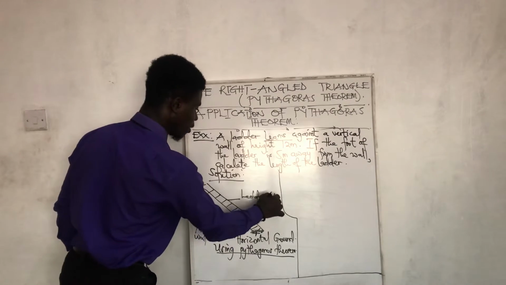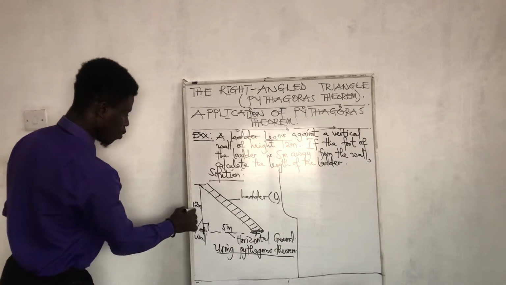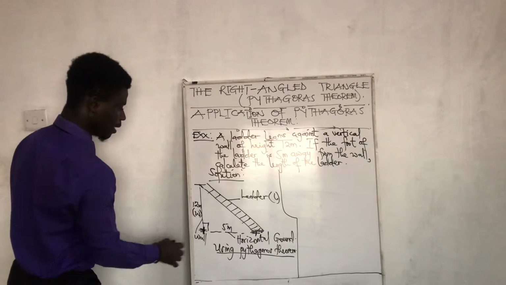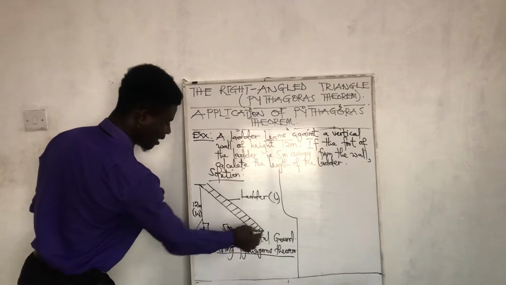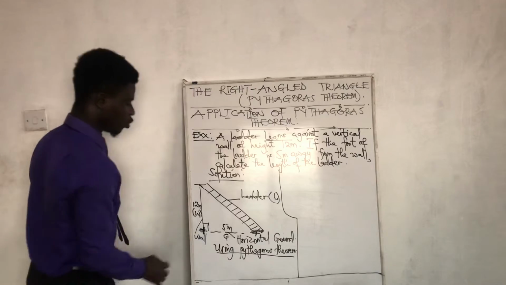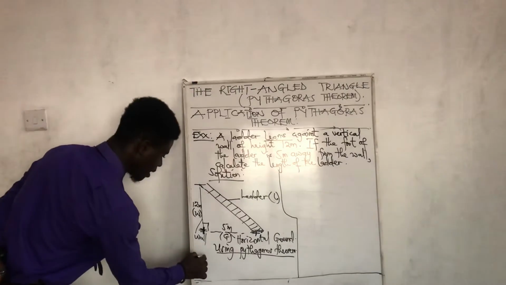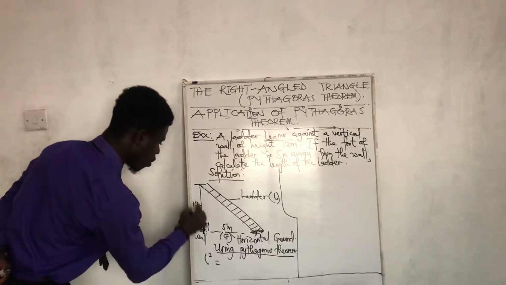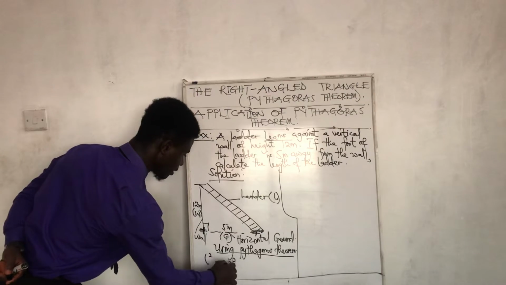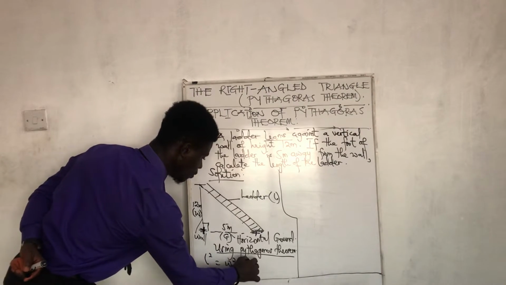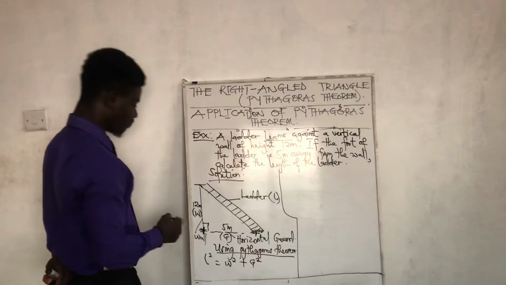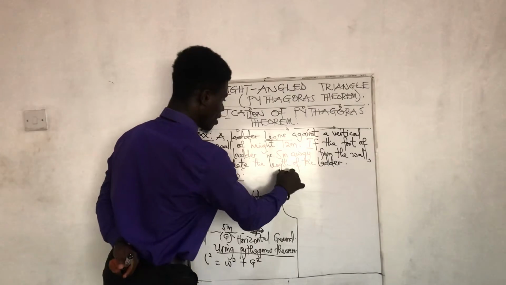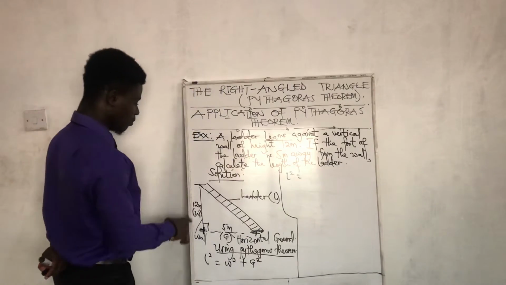Let's represent it by L, then the wall by W, then the horizontal ground by G. So I'll get L squared equals W squared plus G squared.